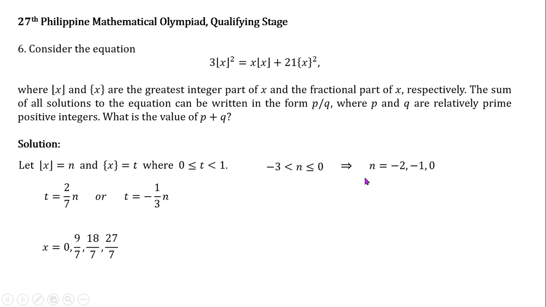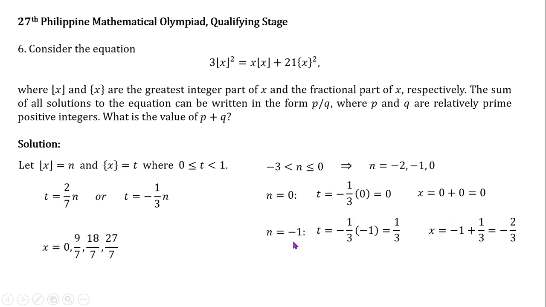Again, we can solve for the value of t using the equation t equals negative 1/3 n. Alright, so again, we get x equals 0 if n is equal to 0 as before. Now, if n is equal to negative 1, we have t equals 1/3. Okay, and so x is the sum of negative 1 and 1/3, which gives us negative 2/3.